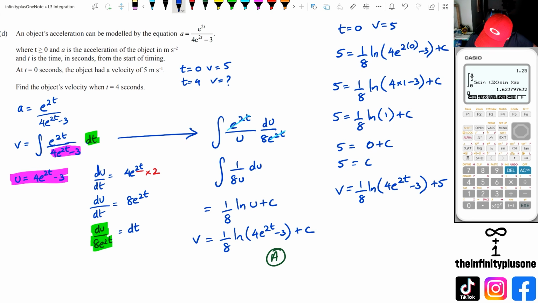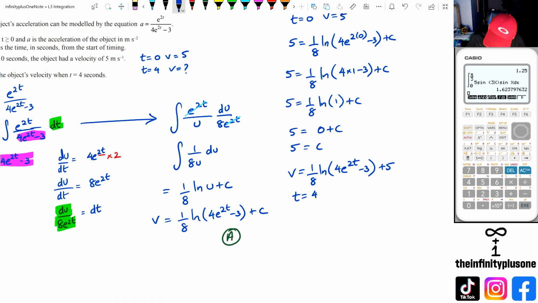So now we've got v is equal to 1 over 8 ln of 4e^(2t) minus 3 plus 5. We now know t is equal to 4, and we're trying to figure out what the v is. So we've got 1 over 8 ln of 4e^(2 times 4) minus 3 plus 5. Now we've got to actually use the calculator for this. I don't think there's a shortcut way of doing this.